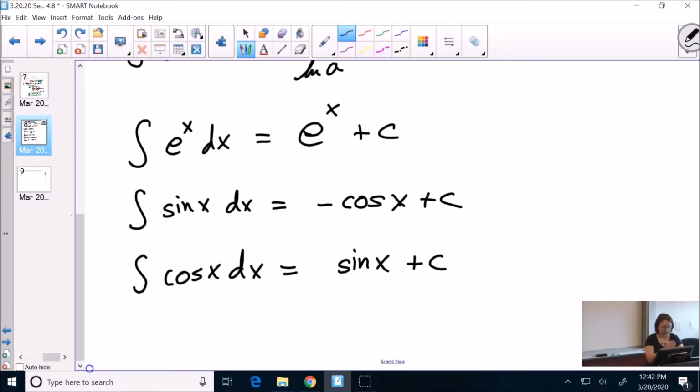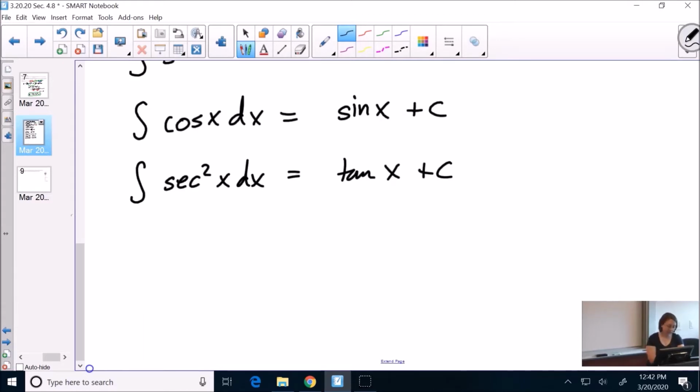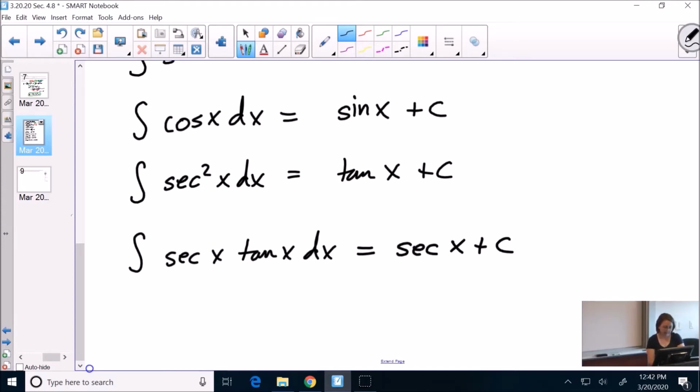The derivative of sine is cosine. The integral of secant squared of x dx is tangent of x, because the derivative of tangent is secant squared. And the antiderivative of secant of x tangent of x dx, remember, secant, tangent, the order you write them in doesn't matter. If they're multiplying, then the antiderivative is secant of x.